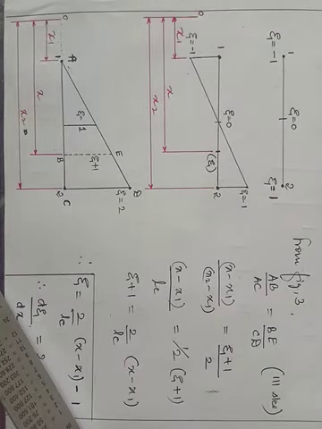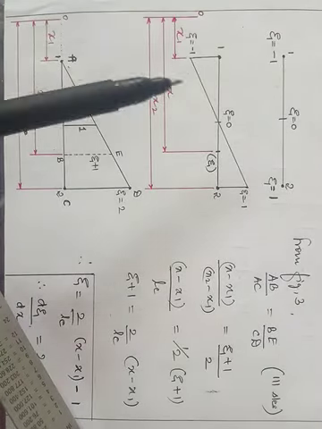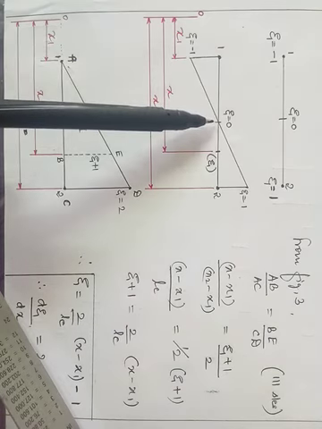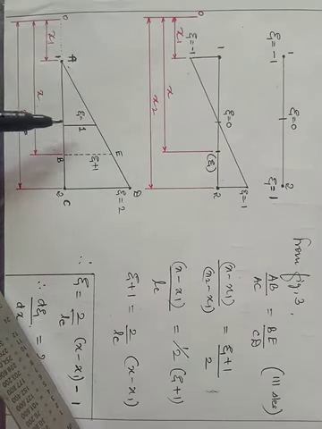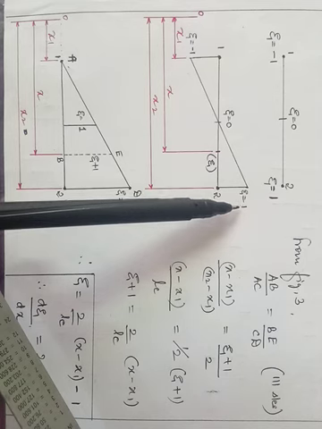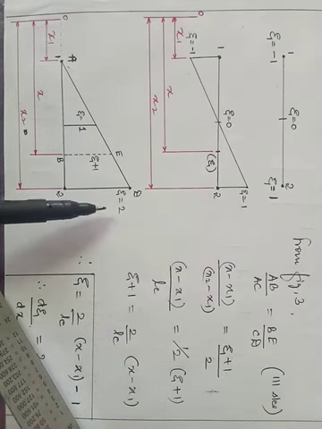I hope I am clear. Zeta was -1, so if you add 1 to that, zeta becomes 0. At the intermediate point zeta was 0, since you are increasing by 1 at each of the points, 0 plus 1 becomes 1. Here it is 1, and 1 plus 1 is 2.